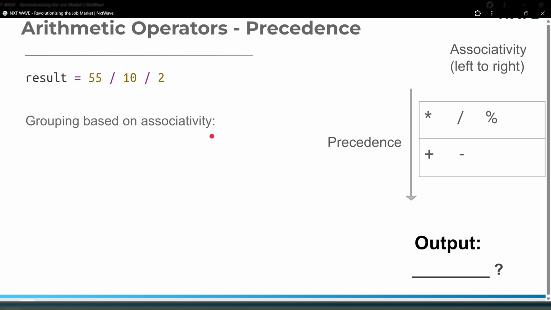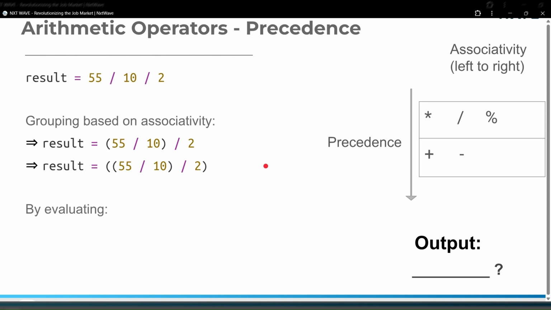First of all we should group. After modulus, the second is division, so division has the higher preference and comes first. So we should group these two first, and then the whole.